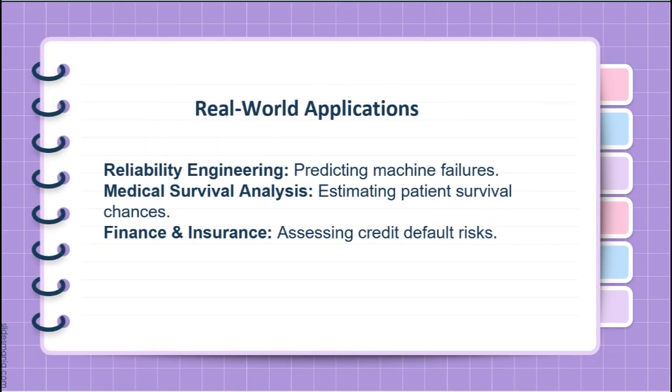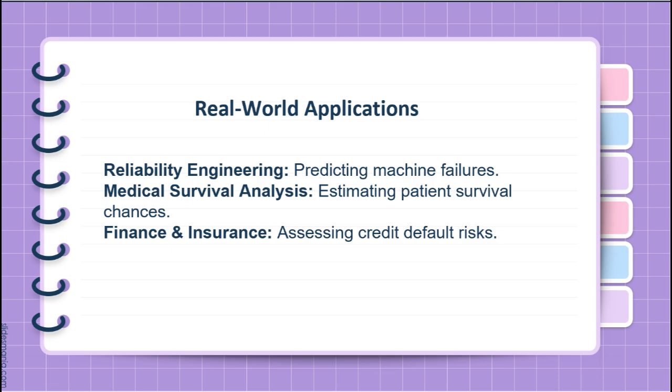Similarly, hazard rate functions are used in various fields to predict outcomes and manage risk. In reliability engineering, engineers use them to forecast when machines will fail, allowing for timely maintenance. In medicine, they help estimate patient survival rates, particularly for diseases like cancer, by tracking how the risk of death increases over time.